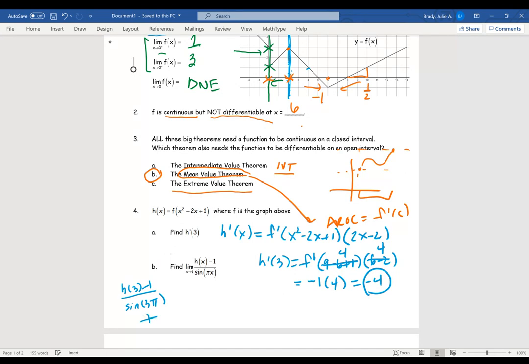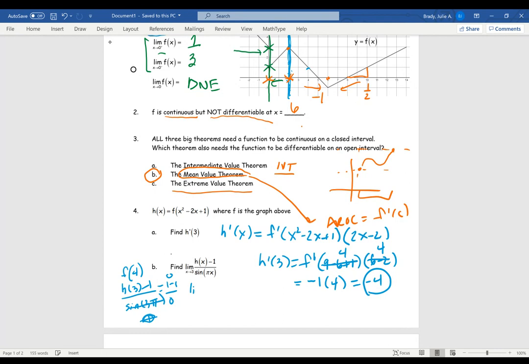This is 3 pi's, 1, 2, 3 here, so this is 0. And h of 3 would be f of 4, and from my graph, f of 4 is 1, so this is 1 minus 1, which is 0. Oh, this is L'Hopital's rule.